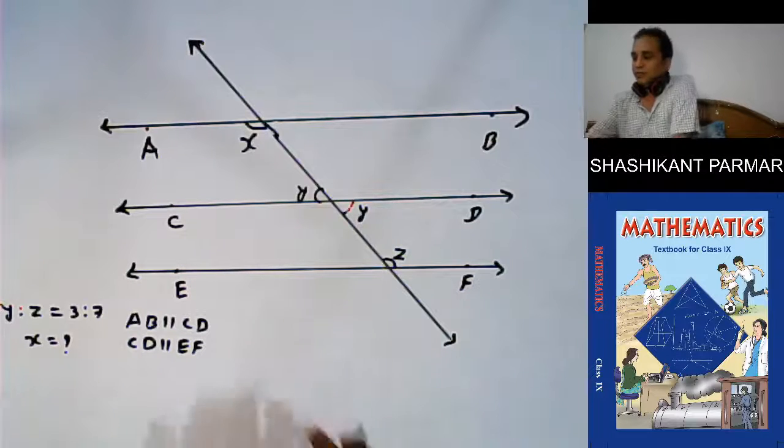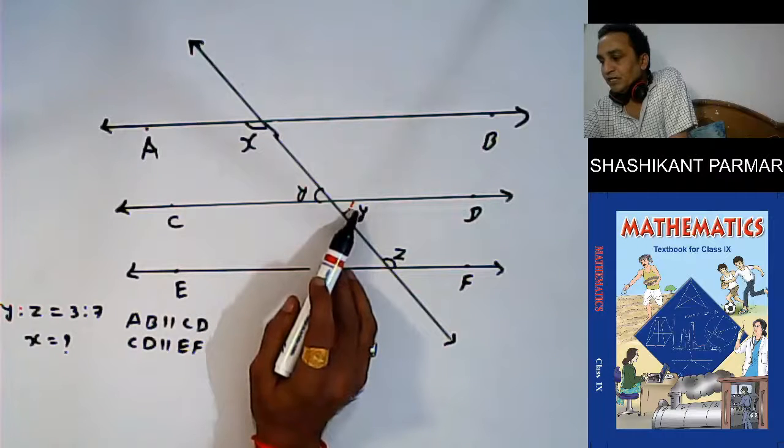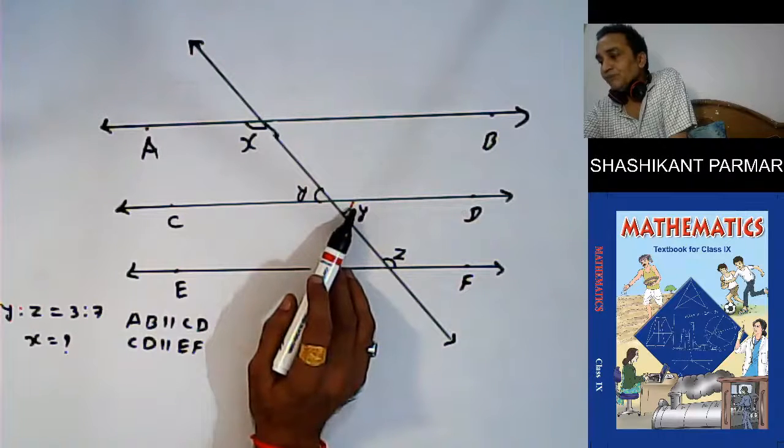Okay, let me explain it. This is Y, then this is also Y, because vertical opposite angles are equal.